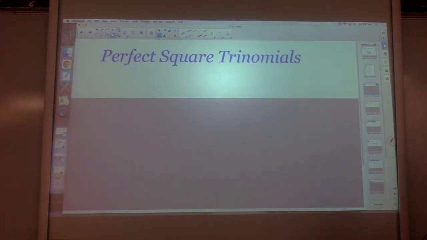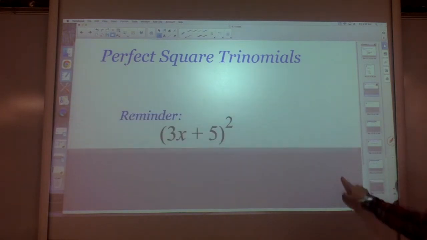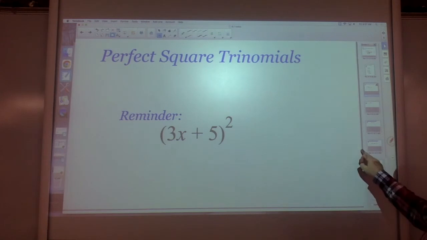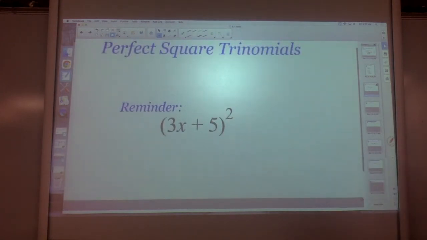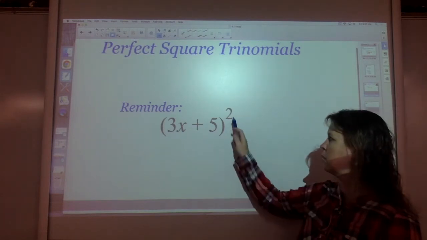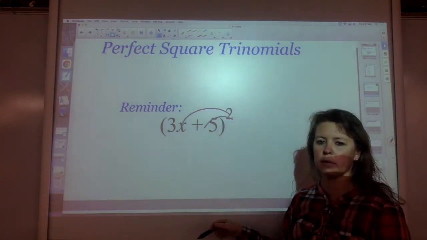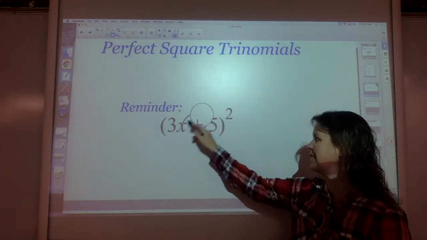Now we'll do perfect square trinomials. Reminder, this was an old one. This is what we did first. We learned how to find the product of 3x plus 5, squared. And no, there's no such thing as the distributive property with exponents. It doesn't exist.